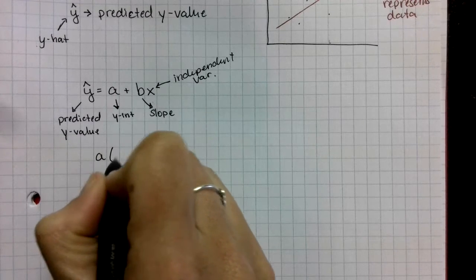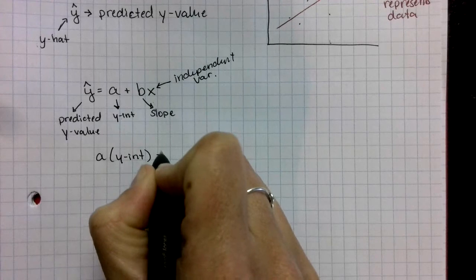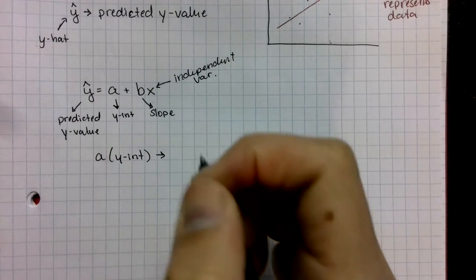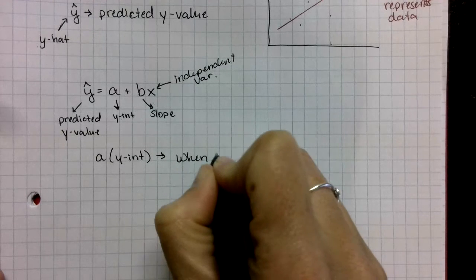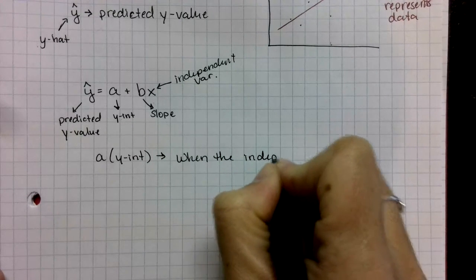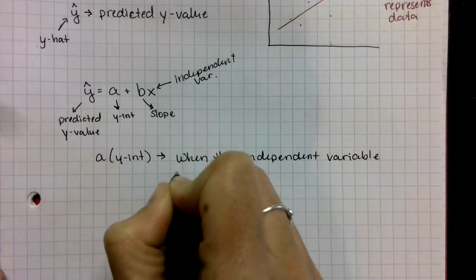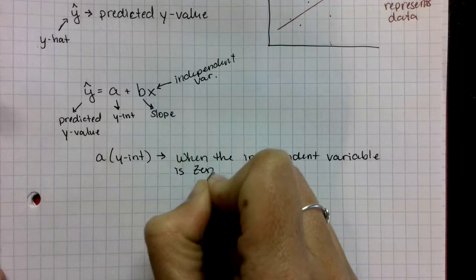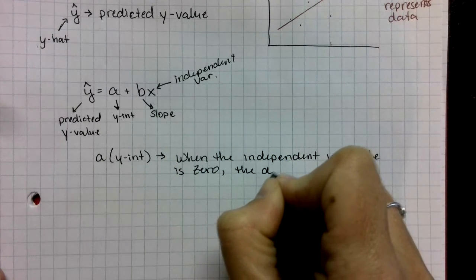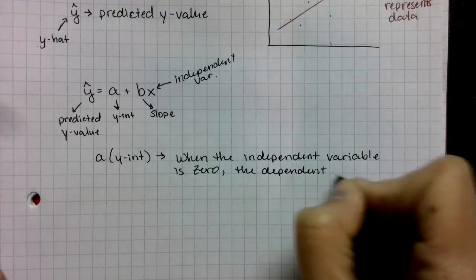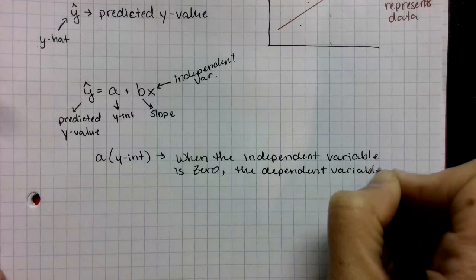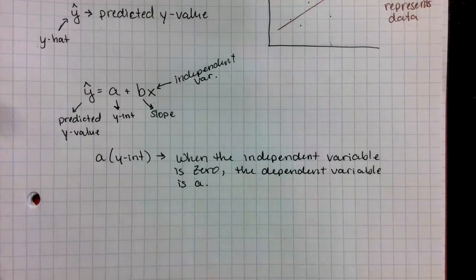So a, which is your y-intercept, we would interpret as: when the independent variable is 0, the dependent variable is a.